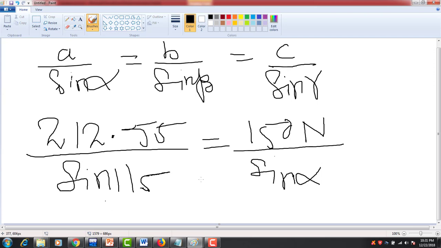By solving this, we find alpha through the calculator: 39.76 degree.